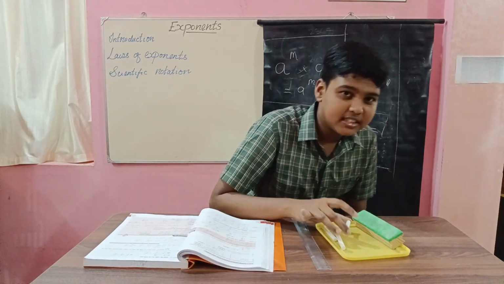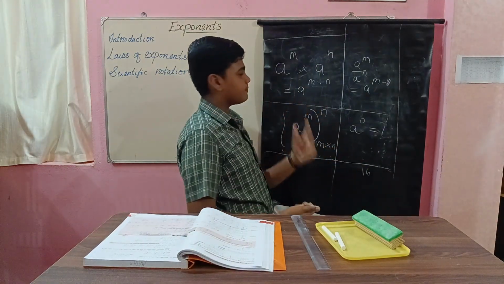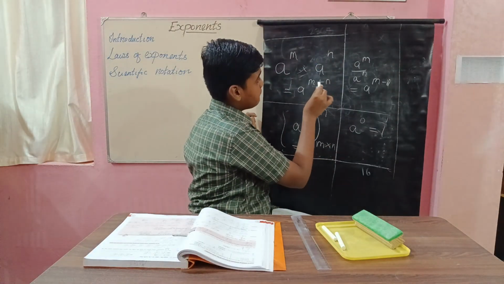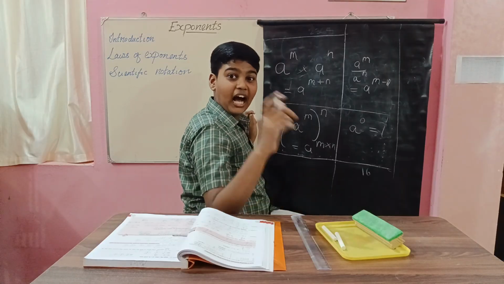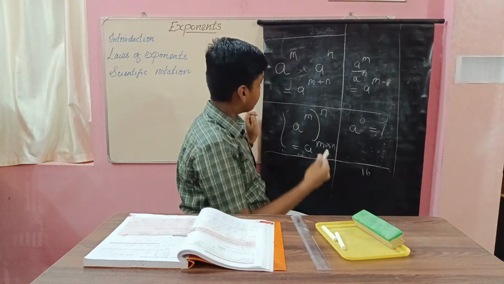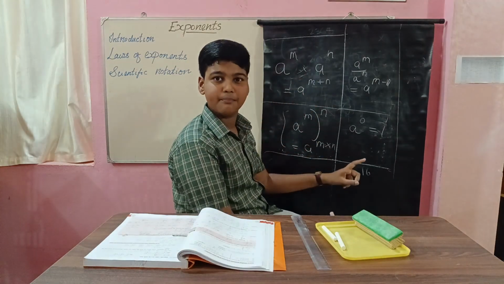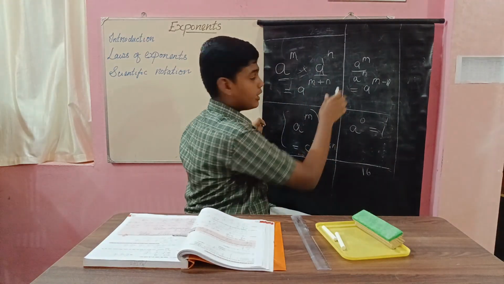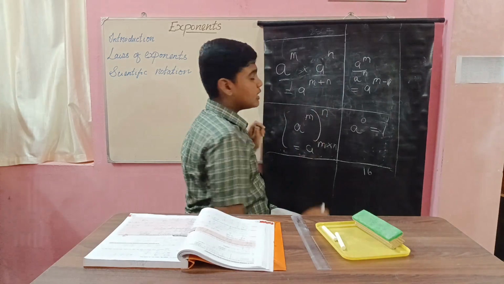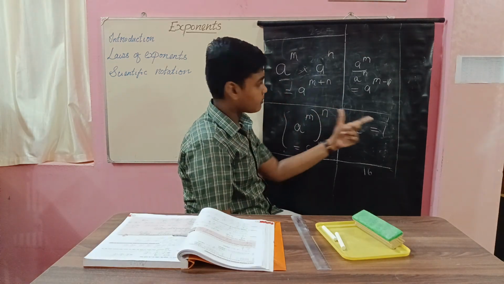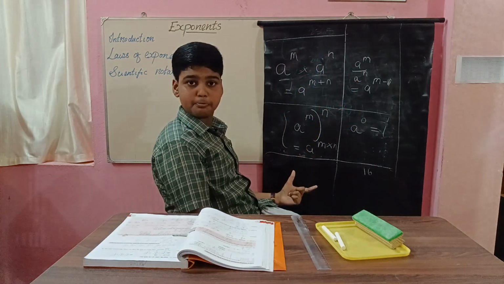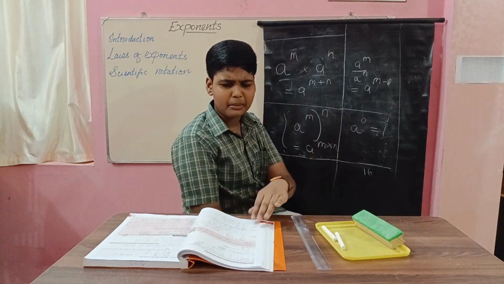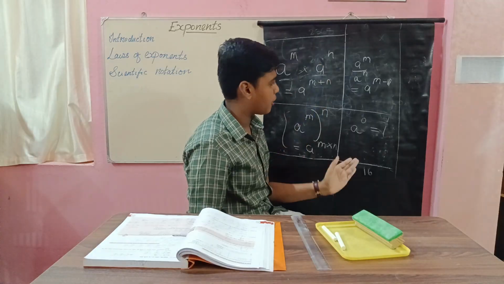So that's a simple process we are going to use here. a^m into a^n is equal to a^(m plus n), but only if the bases are same. If here it is different, then this law won't work. It's known as the product law. And these are known as product law and quotient law, but this is known as zero exponent, though actually it does not come under this topic.